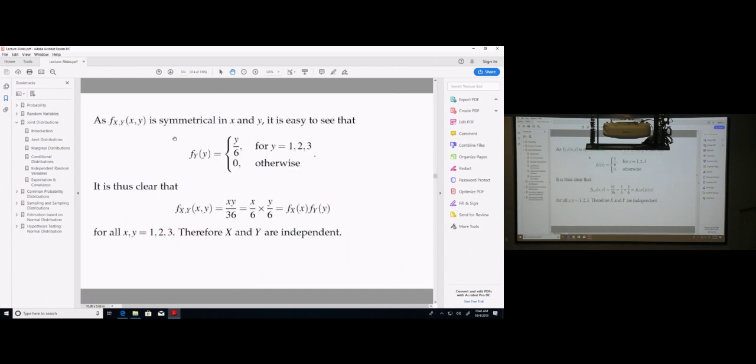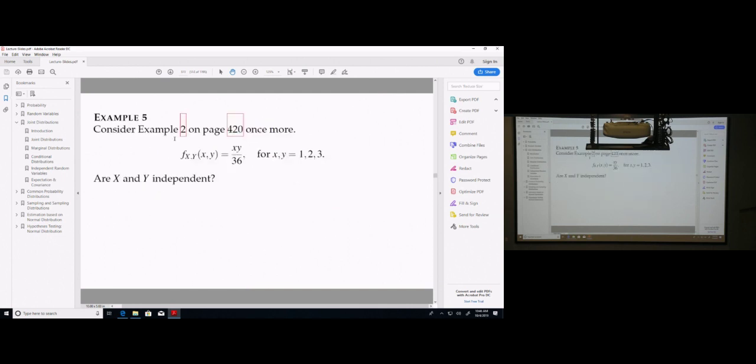Of course, if you draw the table, x is 1, 2, 3, y is 1, 2, 3. Then you use this formula to fill in the entry. Then you work out the marginal, and then it will work.